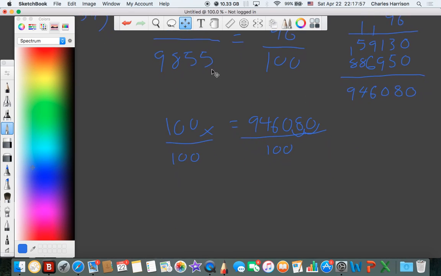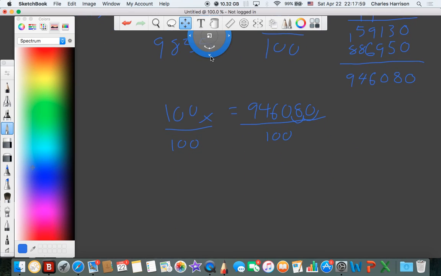Let's see if the answer sheet agrees with me. Wait a second, hold on. Does it say to round? Aha, there it is. Yep. So technically, before we round, x equals 9460.8. But it does tell us to round to the nearest whole number, which is right there.